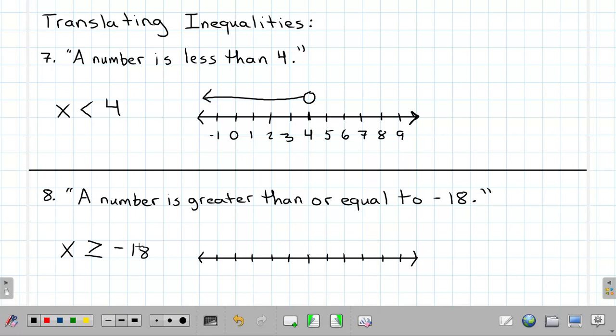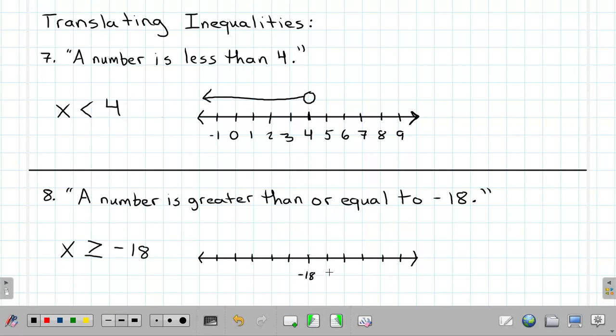And once again, just reading that expression, it tells us basically word for word what we need to write down with our symbols. Okay. A number X greater than or equal to -18.